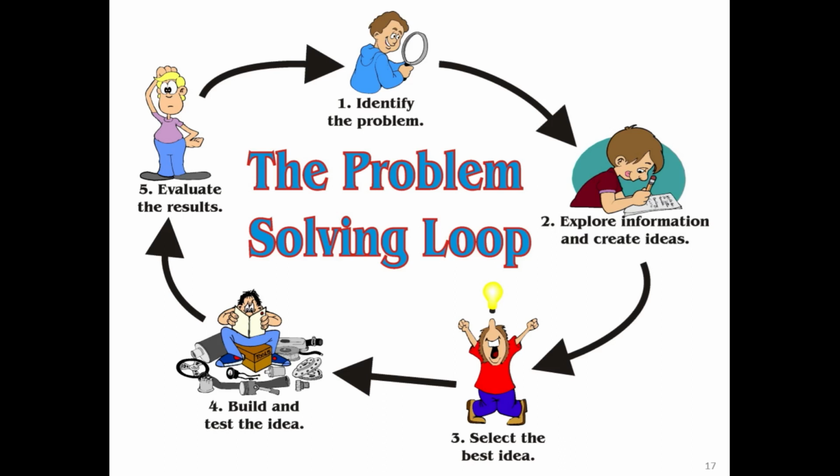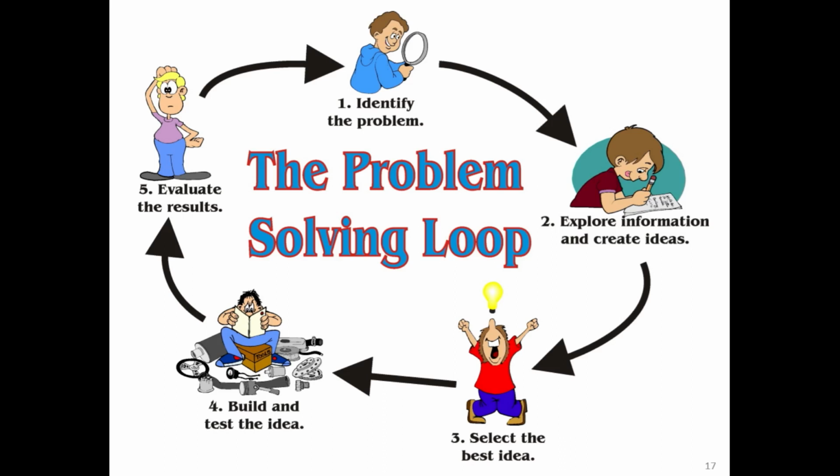So after that, number 2, explore information and create ideas. Everything about the problem with the studies, he puts on paper and writes down. And number 3, select the best idea, how to solve the problem regarding the studies.